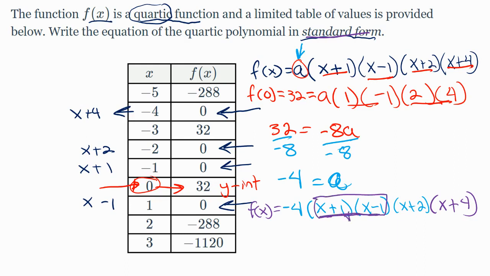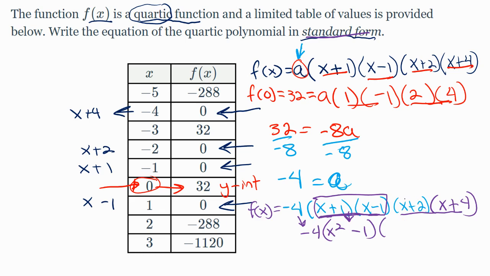This produces the difference of squares, which is x squared minus 1. And then I have these two. I'm going to go ahead and multiply them together and then distribute with the x squared minus 1. I'm going to keep in mind this negative 4 is hanging out in front. And so I have x plus 2 times x plus 4.